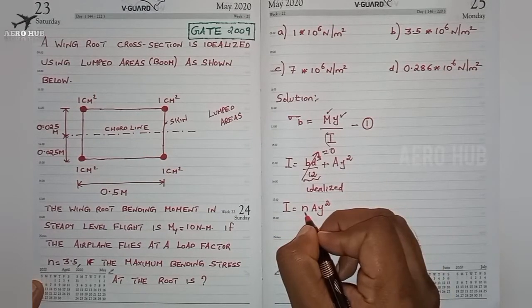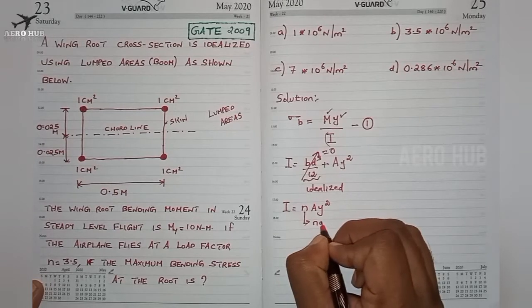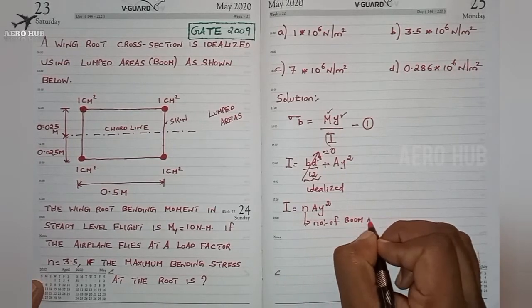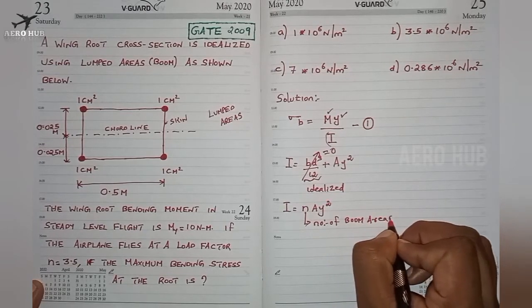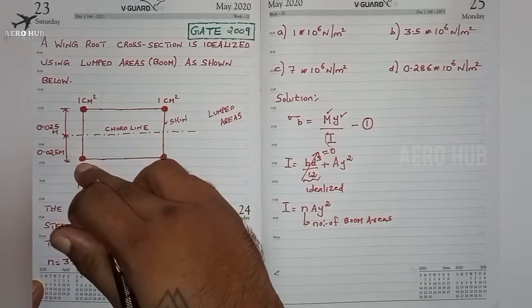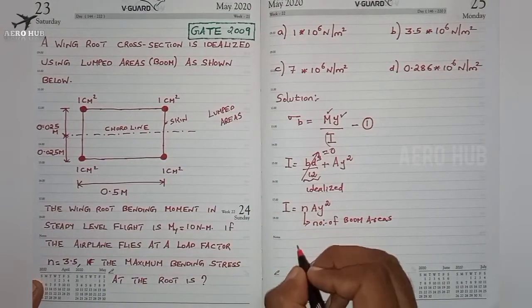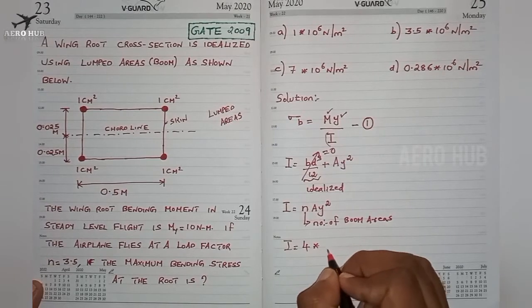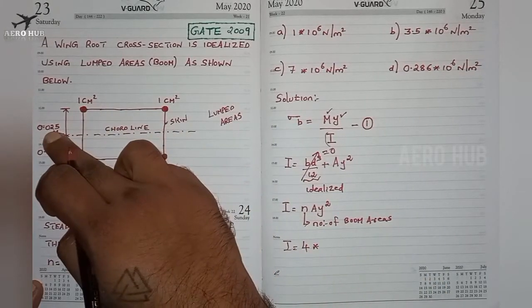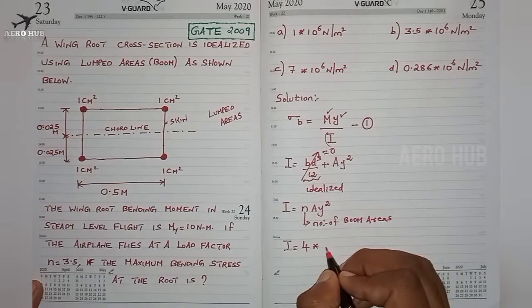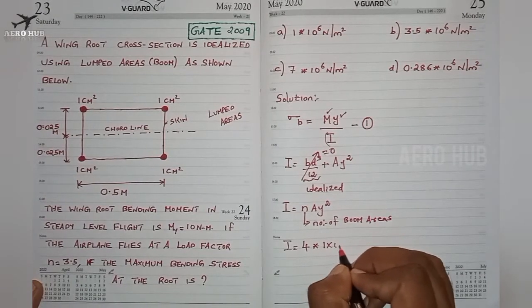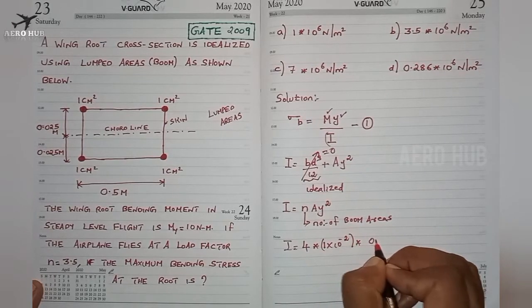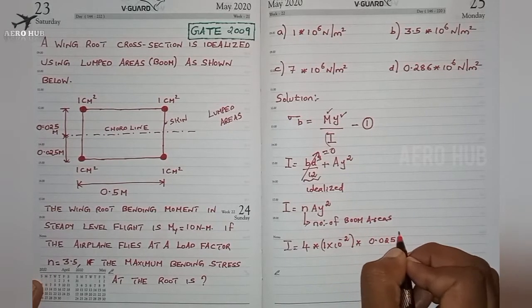What is n here? n is the number of boom areas. Here we have 4 boom areas which have equal areas. So I can write I equals 4 into the area of each boom, which is 1 centimeter square, and since we have the value of y in meter, I'll convert it into 1 into 10 power minus 4, into 0.025 square.